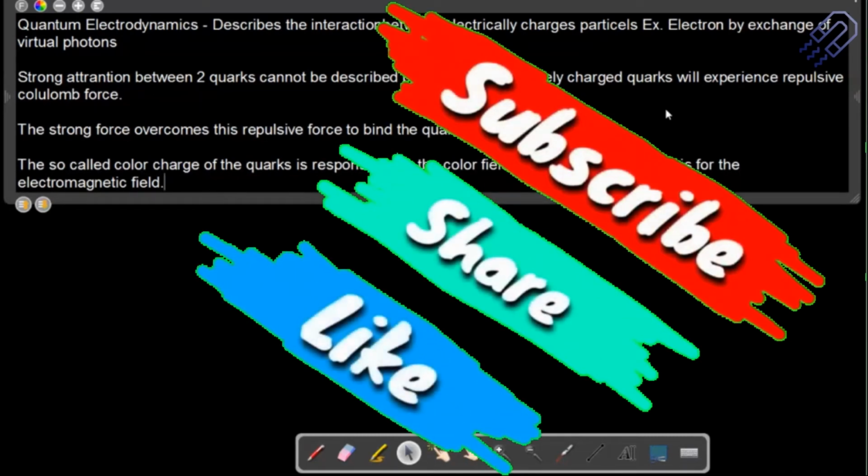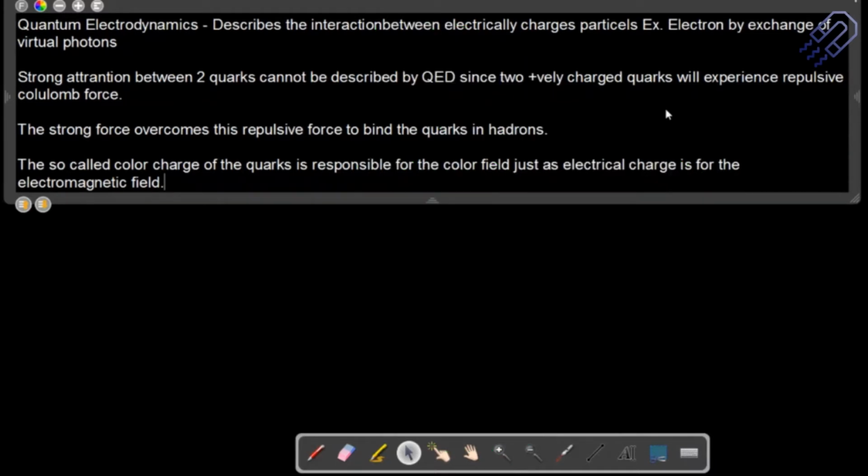But then a similar field we can also consider when we are talking about color. So if we are talking about something like an up quark, and let's say its color code is red, this will have its field up to a certain distance. And if another up quark with blue color comes in, that will also have its own field, and both of these fields will overlap, and because of which they will start interacting.